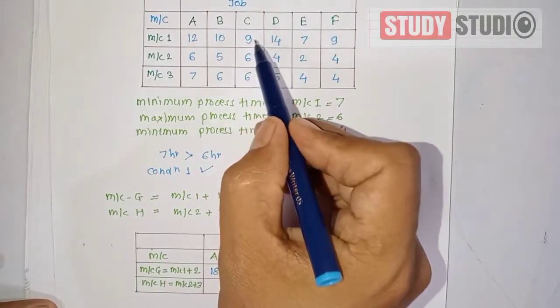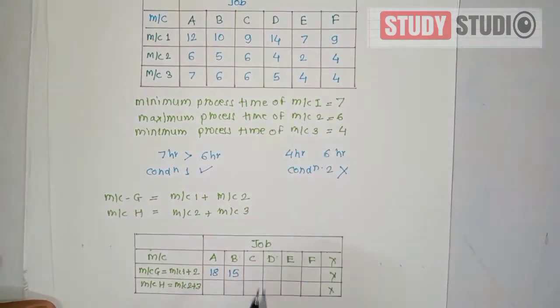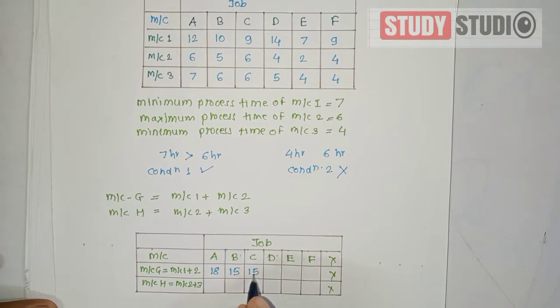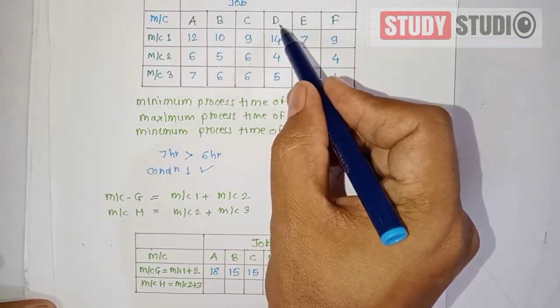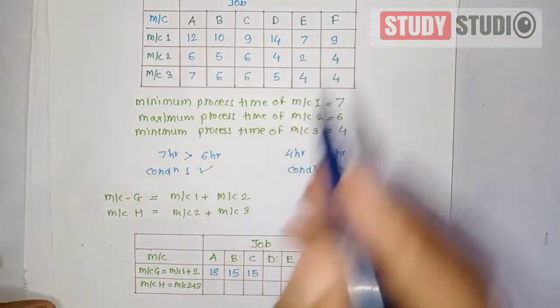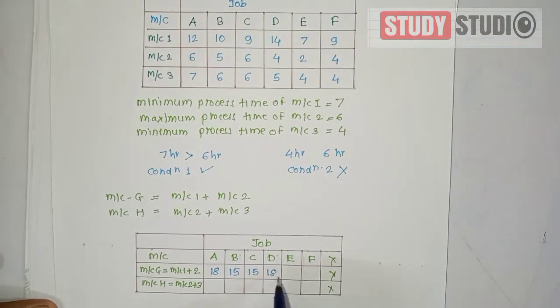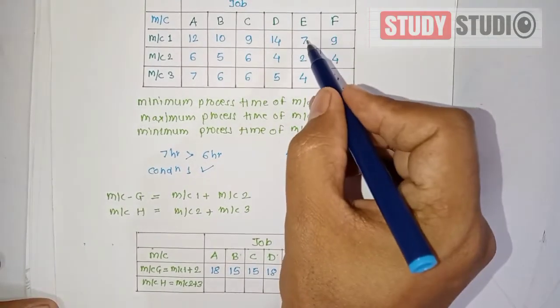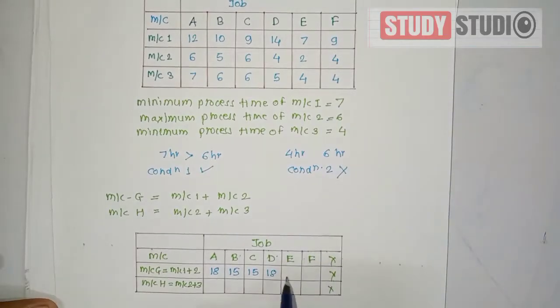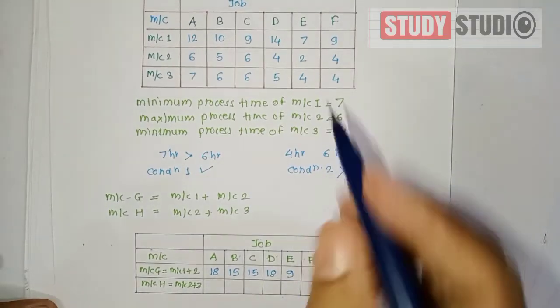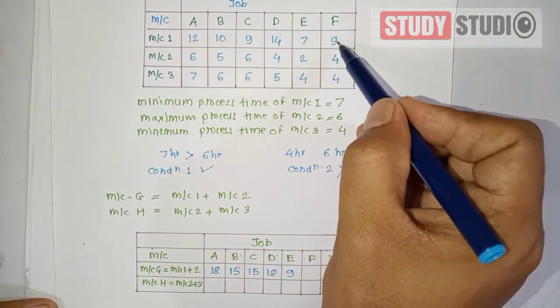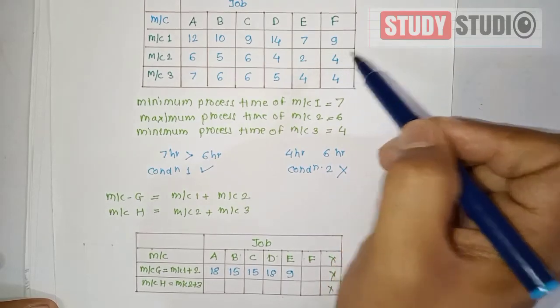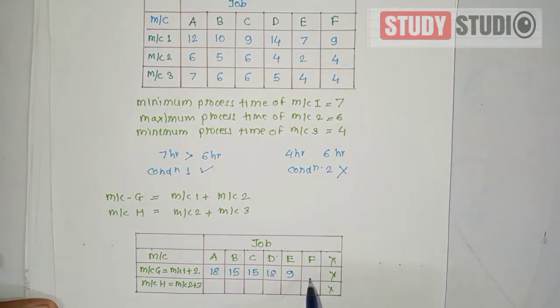Then for job C, it is 9 plus 6, that is 15. For D, it is 14 plus 4, it is 18. Then for E, 7 plus 2, that is 9. Then for F, it is 9 plus 4, that is 13.